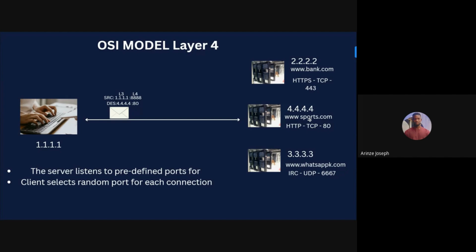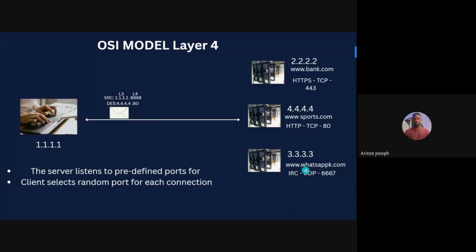They use normal HTTP, whereby you just come, watch your favorite sports club play, and you can go your way. They don't demand any information from you. They just want you to come and stream. So they make use of port 80, which is HTTP.